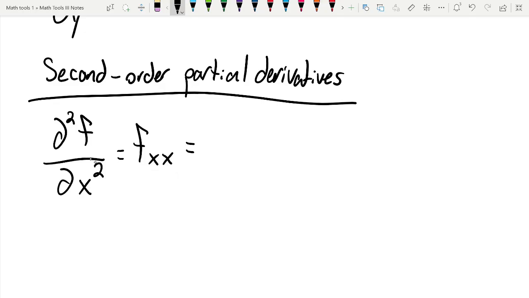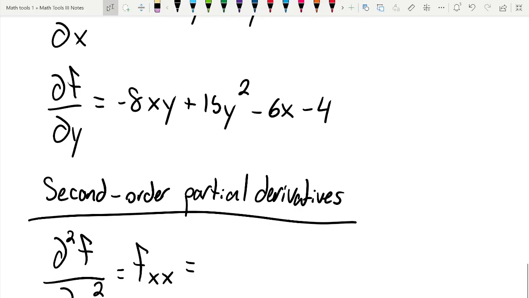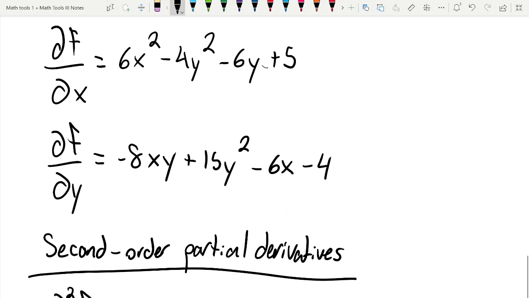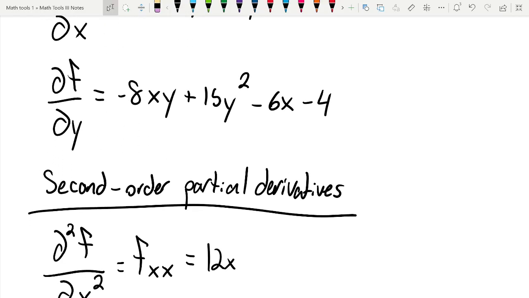So here we're taking the derivative with respect to x twice, basically. So we're going to take our partial derivative with respect to x and then differentiate that with respect to x. So we're going to get 12x minus 0 plus 0. Okay, so we'll just get 12x here.